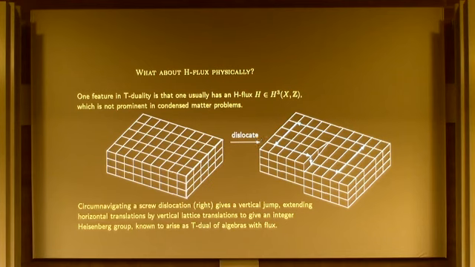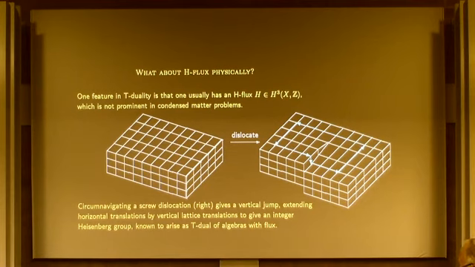Well, what about H flux in condensed matter? That doesn't seem to appear much. But there are some vague possibilities. One of them is in screw dislocations in crystals. If you have a nice crystal, say on the left, and you dislocate it, as shown on the right, and you take a path which goes around the screw dislocation, then you get a vertical jump.